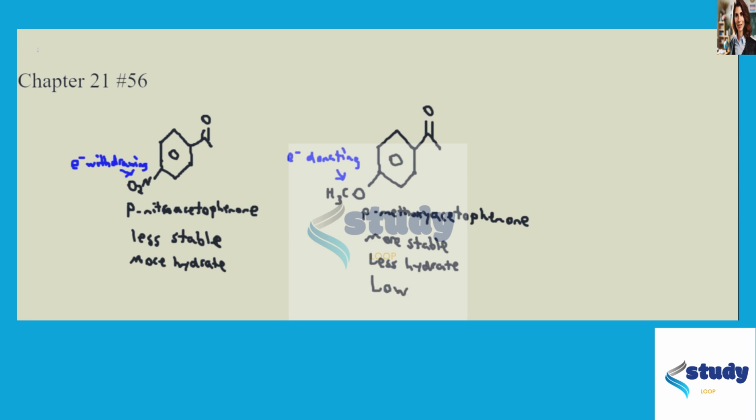The more stable molecule is going to be lower energy, and that correlates to a lower wave number. So we would expect the para-methoxy to have a lower IR peak, and we would expect the para-nitro to have a higher IR peak.